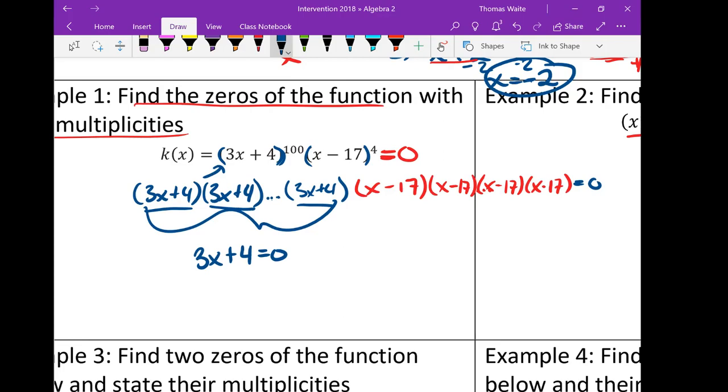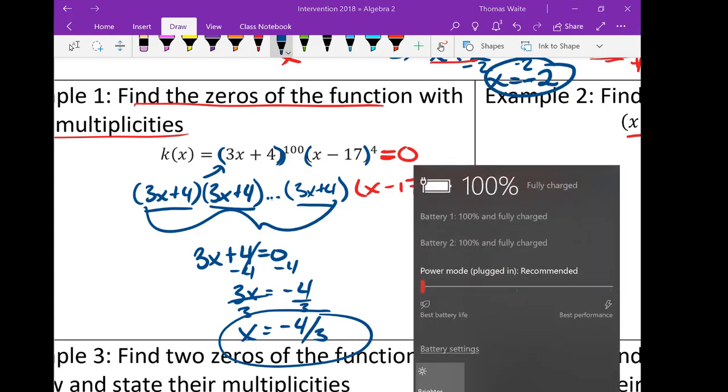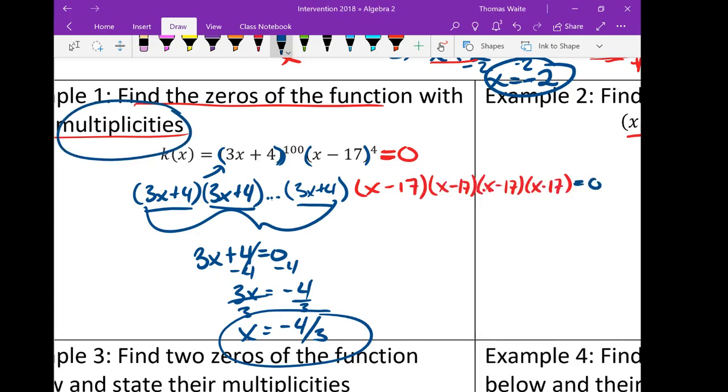If I went on to solve it, I need to subtract 4, 3x equals negative 4. And then divide by 3, x equals negative 4 over 3. That's a solution. And it actually happened how many times? The multiplicity means how many times this solution came up when we factored out our equation.